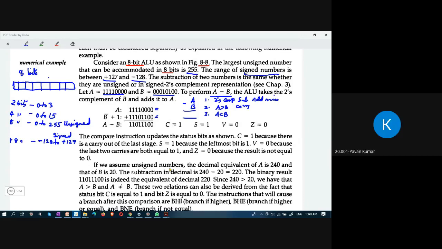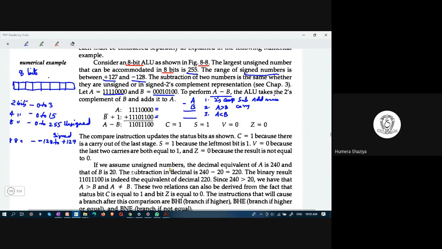That means the result is positive, ma'am. Positive or negative? Negative. If A is less than B, it means that the result is negative.